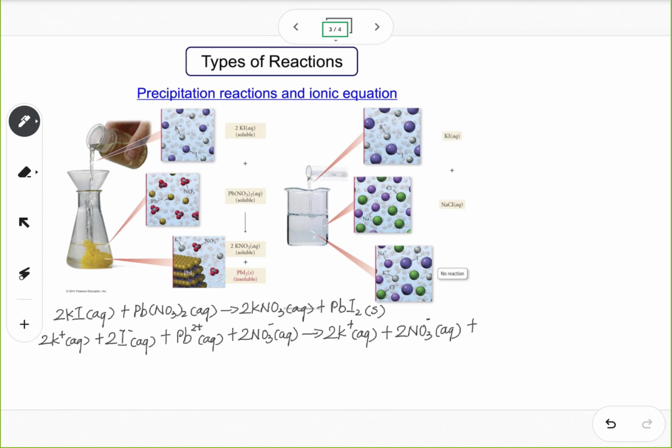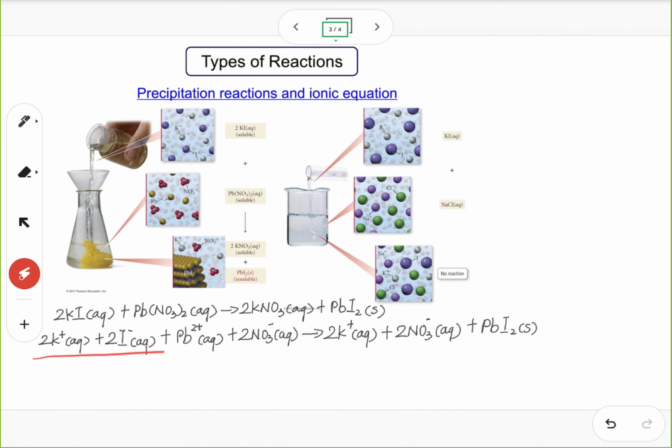And now the second product, lead iodide, is a solid, which means it's not going to dissociate, so it cannot give you any ions. So when you write the ionic equation here, lead iodide remains as solid, no dissociation. Now this is a complete ionic equation.